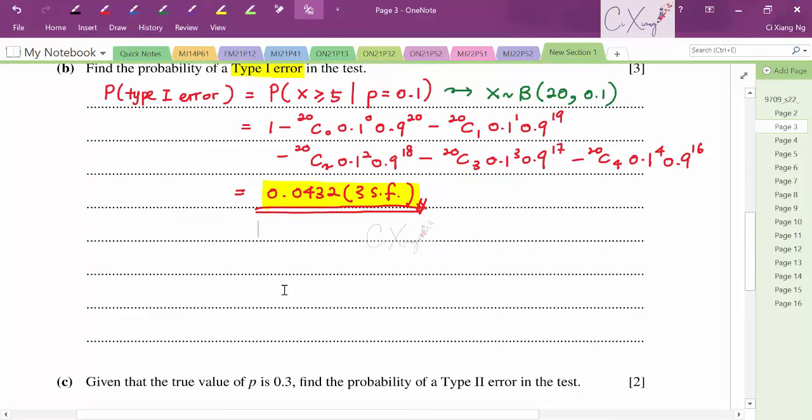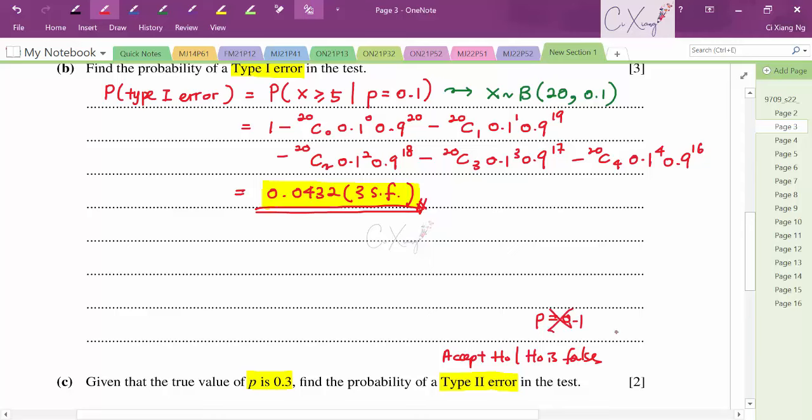For the next question, they want us to calculate the type 2 error. You can see that when they want us to calculate the type 2 error, definitely they will give us a value for p. This is because the definition of type 2 error is that we accept the null hypothesis when the null hypothesis is false. If the null hypothesis is false, it means that p is no longer equal to 0.1.